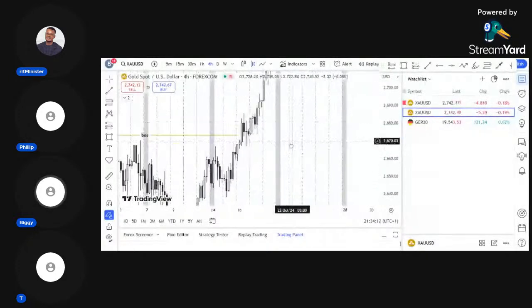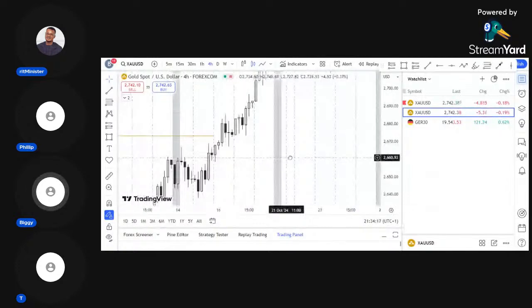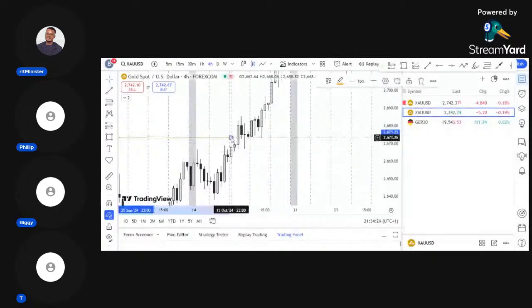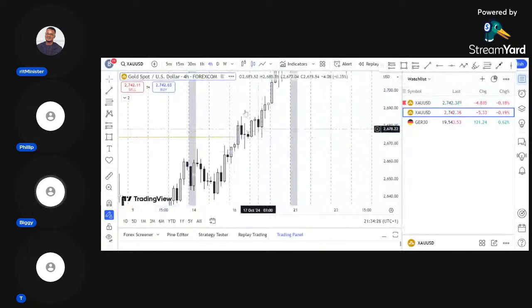When you're in your extension phase, you only look for buys. If the market is bullish, you only look for buys in your extension phase, because we've broken above this daily structure. So we only look for buys on the 4 hours in the extension phase.